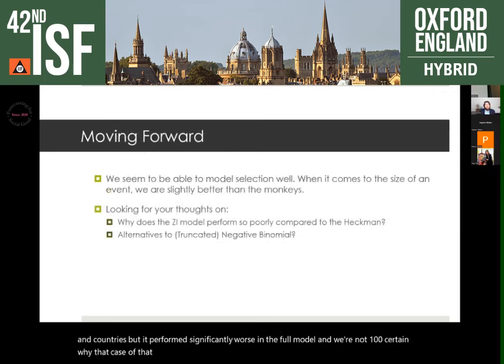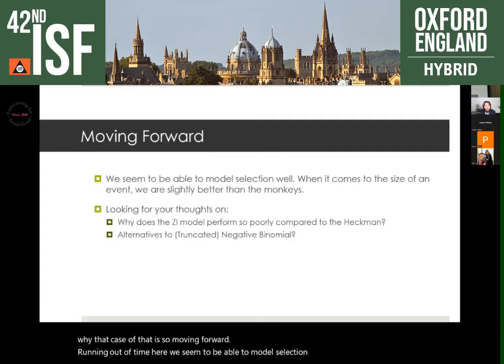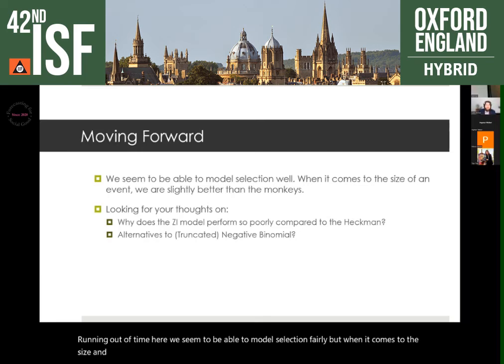So moving forward, and running out of time here, we seem to be able to model selection fairly well, but when it comes to the size of an event, we're only doing slightly better than the monkeys.